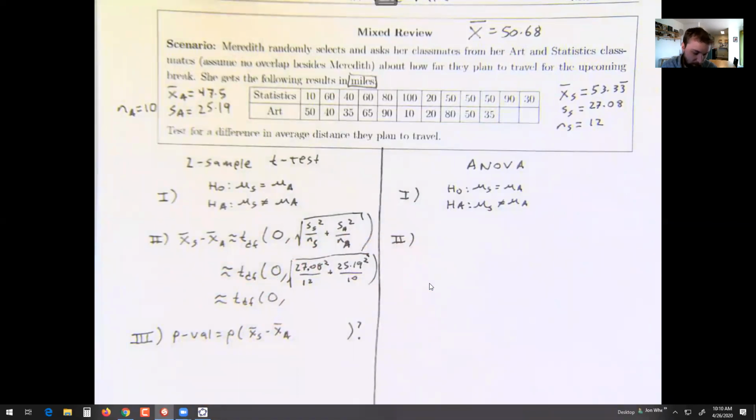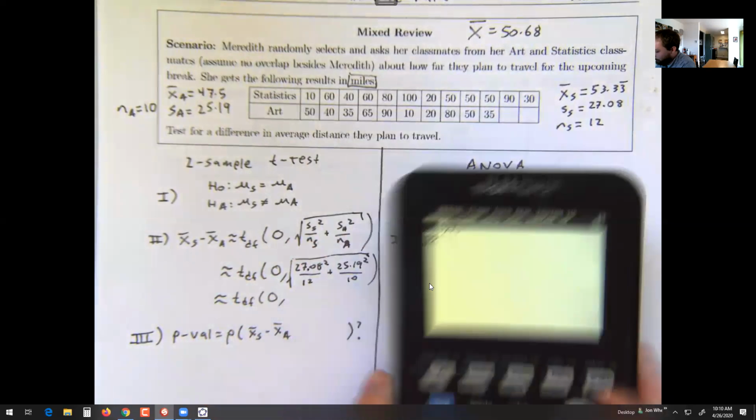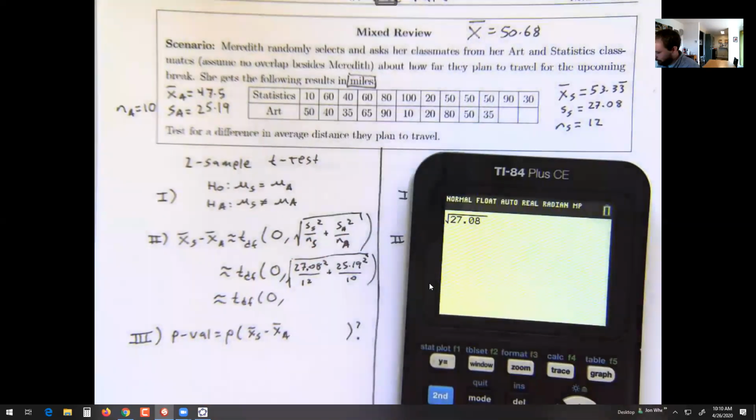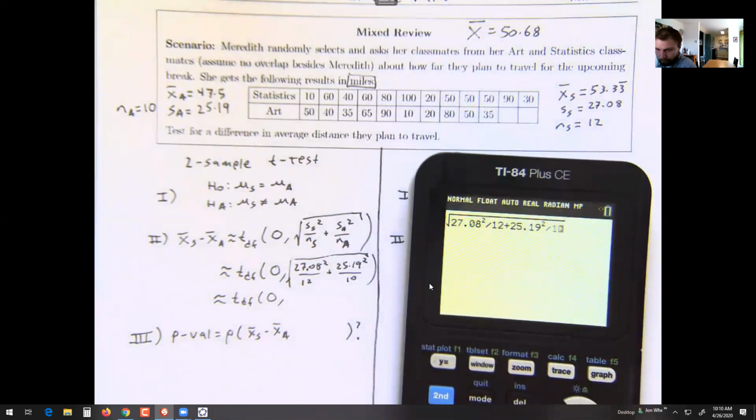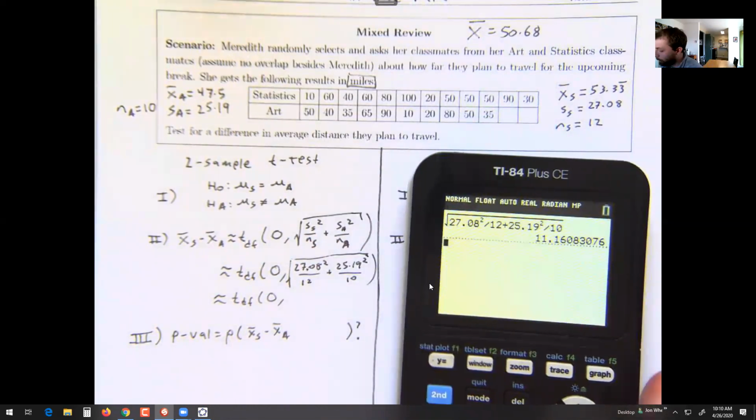So I've got the square root of 27.08 squared over 12 plus 25.19 squared over 10. I'm not going crazy with parentheses. Order of operations does a lot of this for me. I get 11.16.